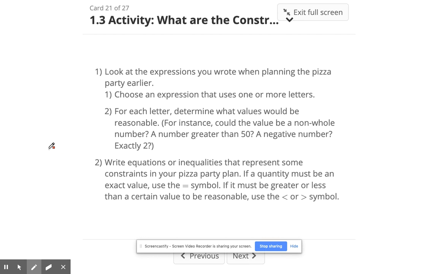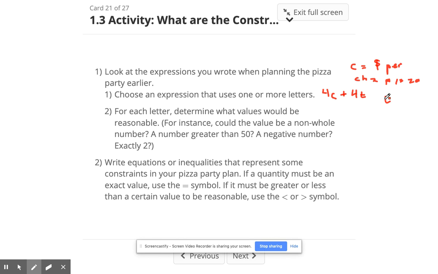For question number 1, we might use something like 4c + 4t, where c is the cost per cheese pizza.